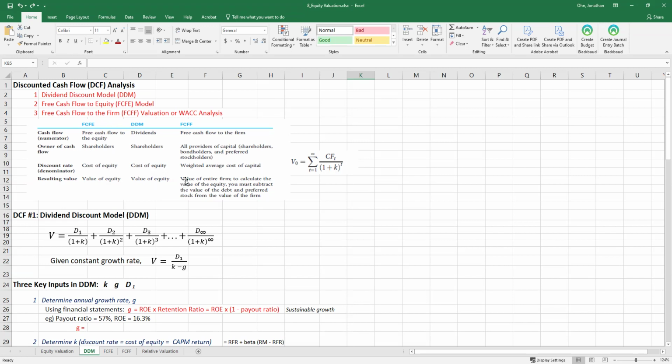This one is value of entire firm, and then we have to adjust for the debt obligation and preferred stock obligation, and then we can calculate value of equity. So there's some additional step that we have to do, right? We'll do that.